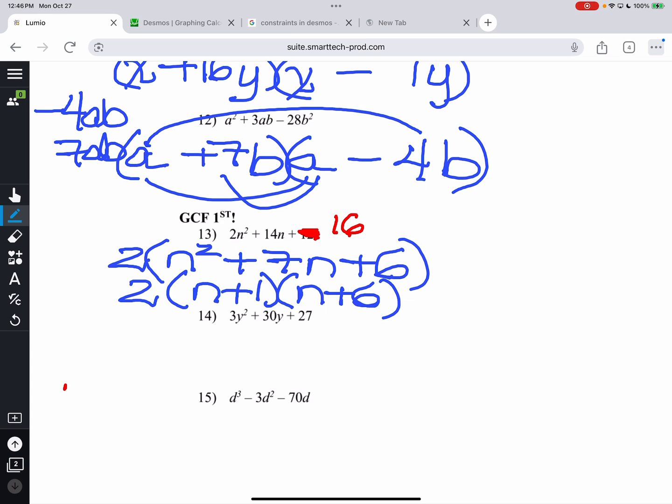And we would have had n squared plus 7n plus 8. Agreed? All right. This is asking us, name two factors that equal 8 that when you add, you get 7.